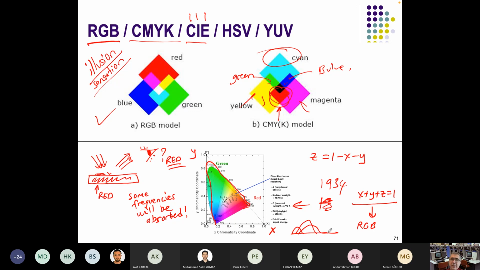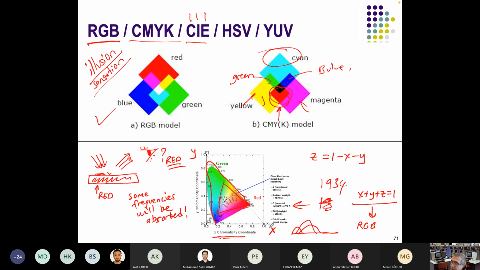Therefore, rather than equally spaced, well-balanced X, Y, Z, we have a color gamut. That's what we said. So it is the CIE chromaticity diagram. Each display has a gamut in the CIE diagram.